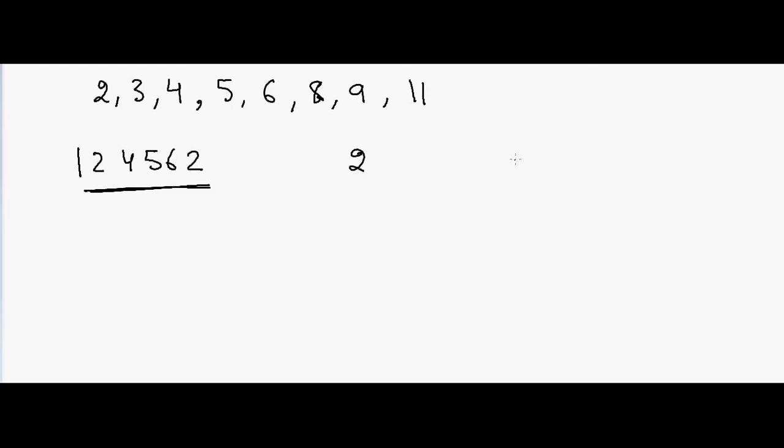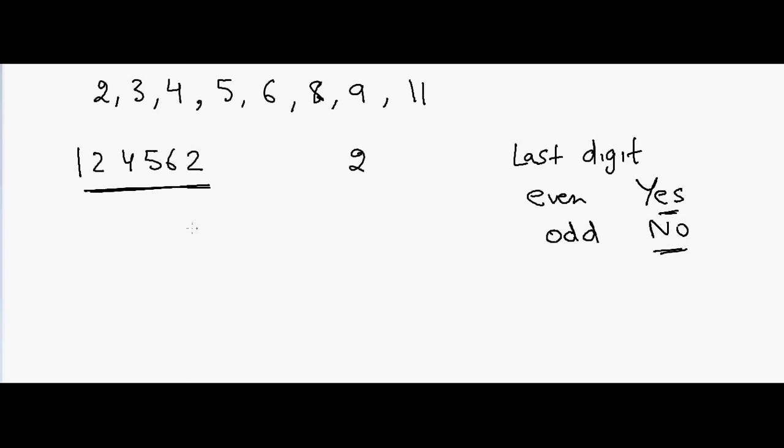We have to look at the last digit, and if it's even, then yes, and if it's odd, then no. Here the last digit is 2, so it is divisible by 2 because it's an even number in the end.